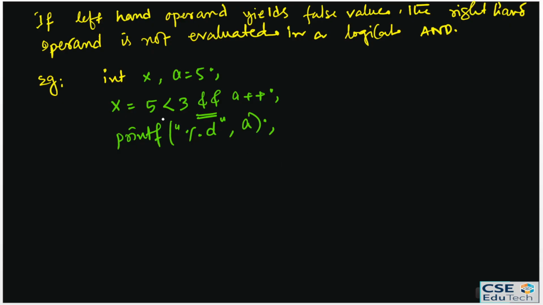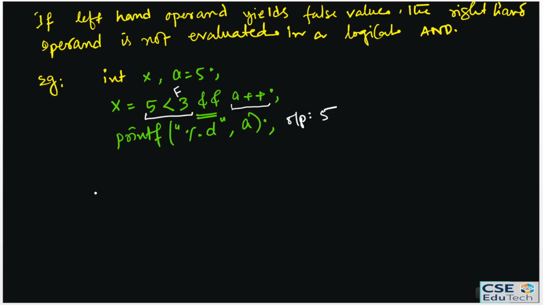Look, this condition is false, 5 less than 3. Basically this is one operand, and this is the left hand side. So this left hand operand yields the false value, so the right hand is not evaluated. Clear? So the value of a will remain the same. The output will be 5, as it is not evaluated.